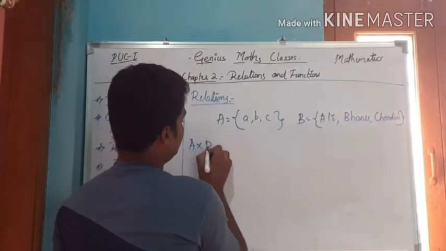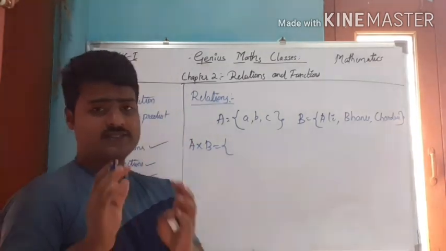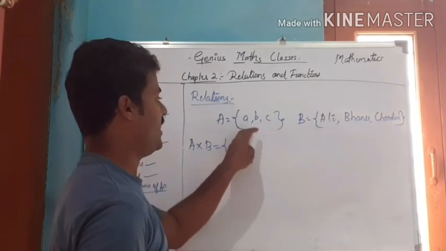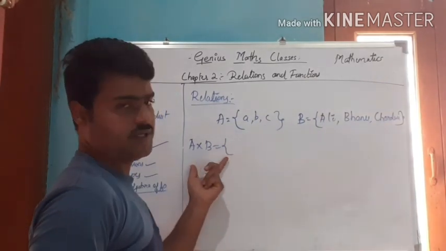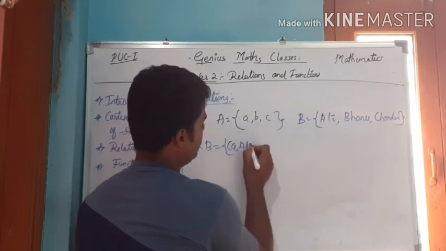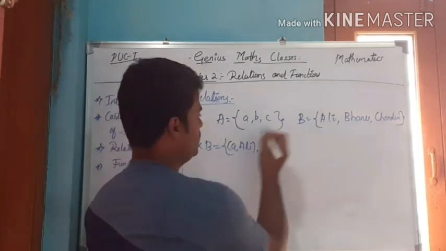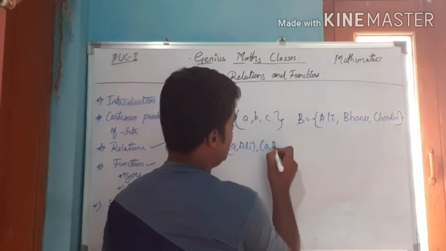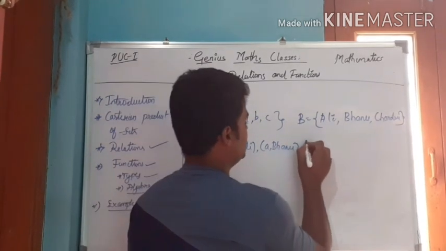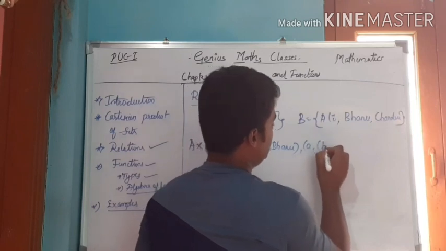As we know, the Cartesian product is the set of all ordered pairs from A and B.